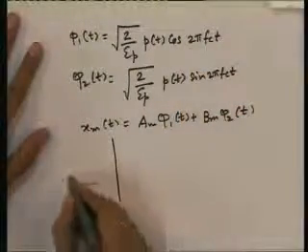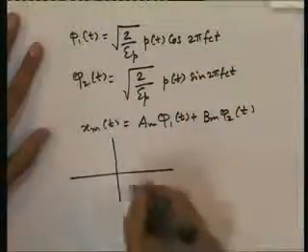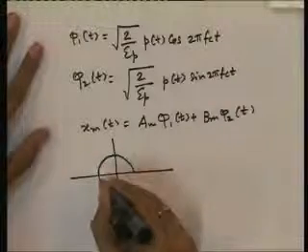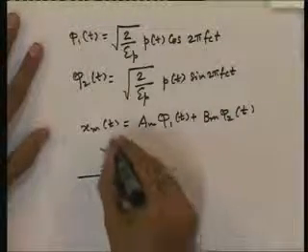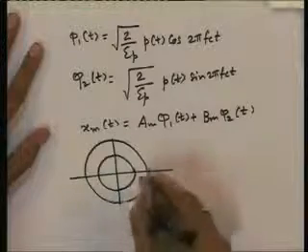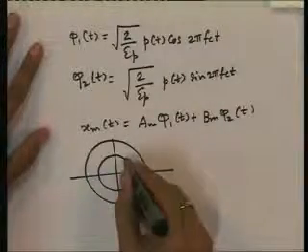So let us see some typical constellations for QAM. So suppose we want to have 8 points on the constellation. So one way to get 8 points is take 2 PSK. So one circle here and another circle here, and then say take 4 points here.